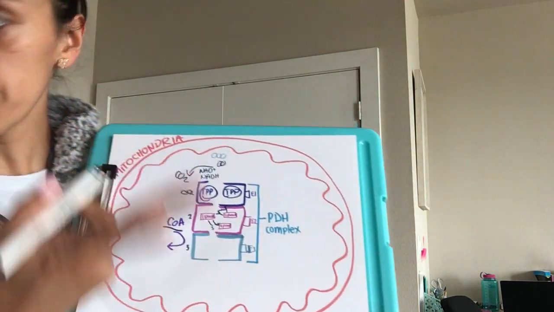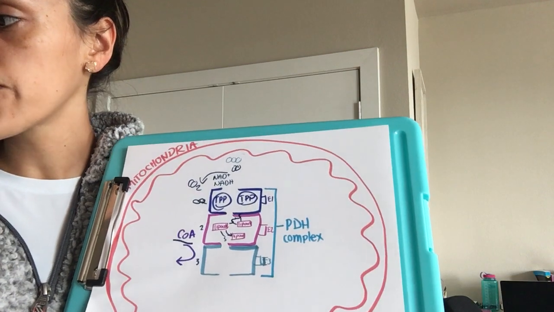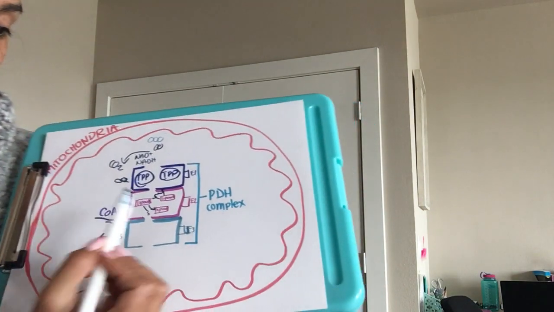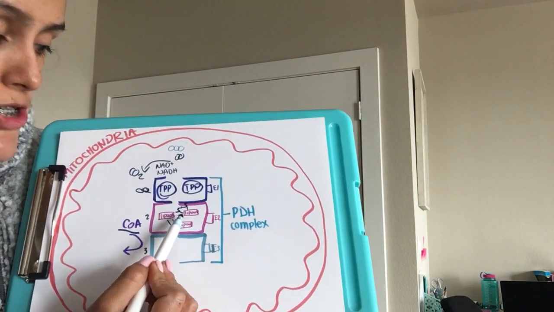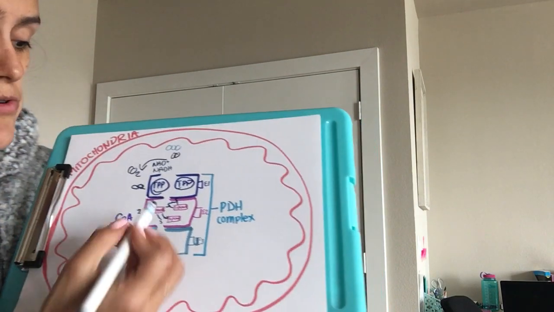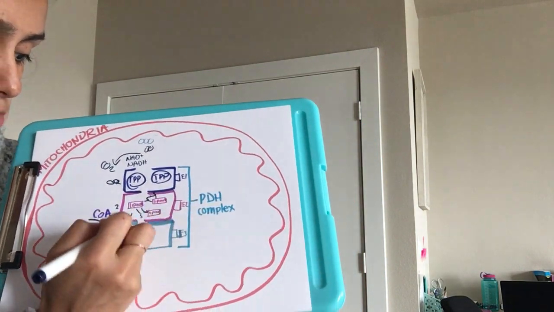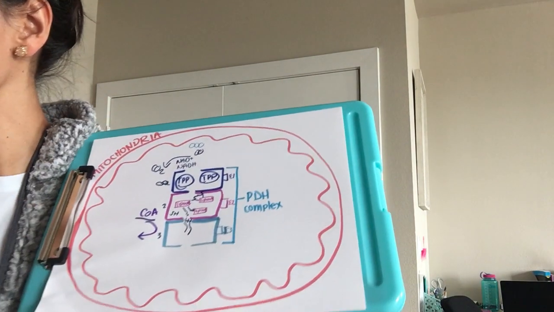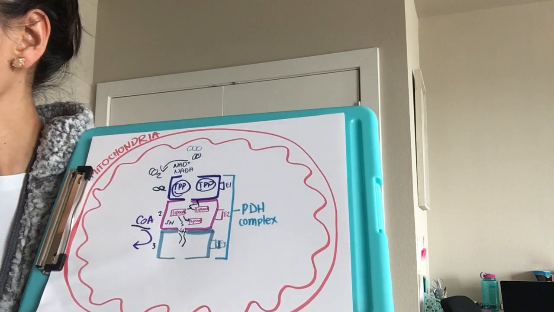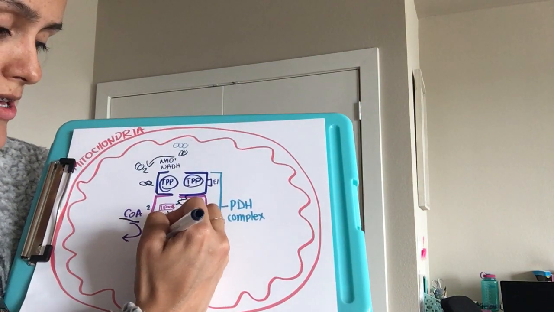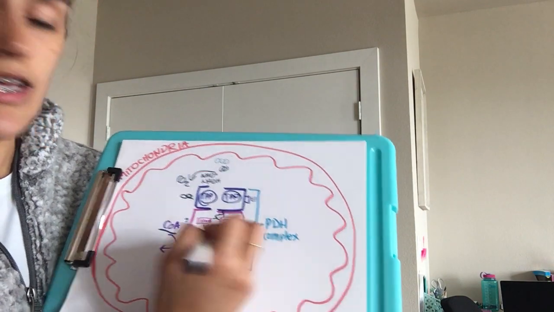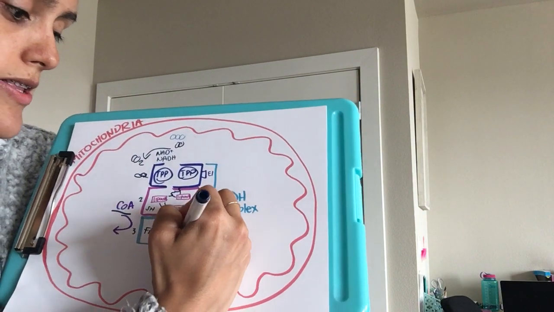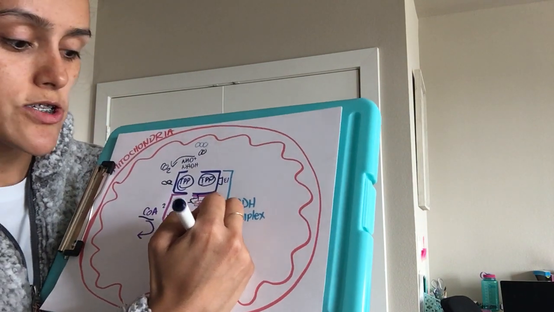In enzyme 3, which is called dihydrolipoamide dehydrogenase, this lipoate, which has two SH groups, travels here and gets transferred to this area, where FAD turns into FADH2.